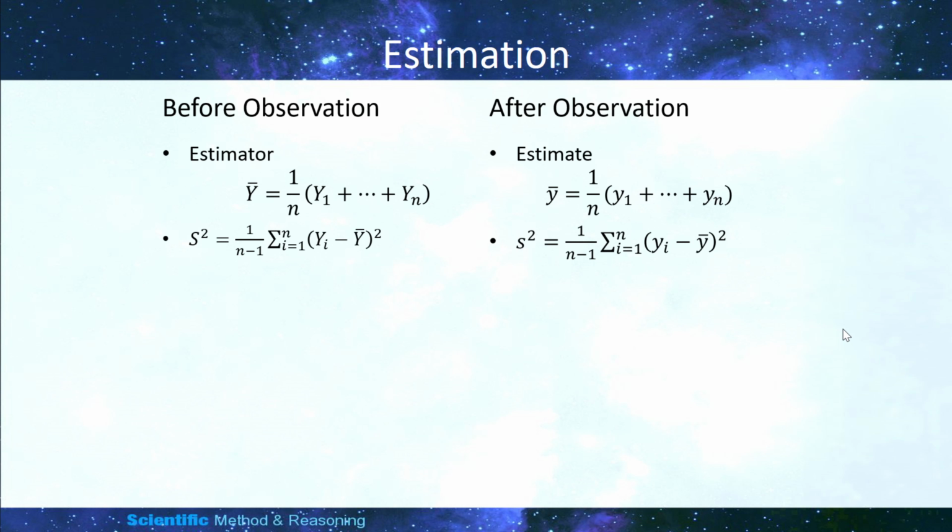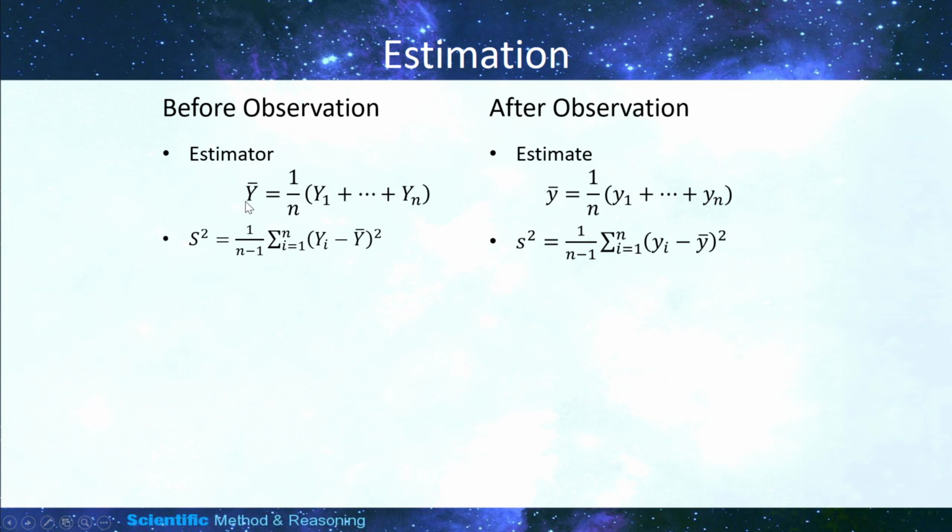Let's look at the difference between the capital letter Y and the small letter y, the capital letter S and the small letter s. In statistics, we denote an estimator, Y bar, in capital letter. Y bar is an estimator and is a random variable.